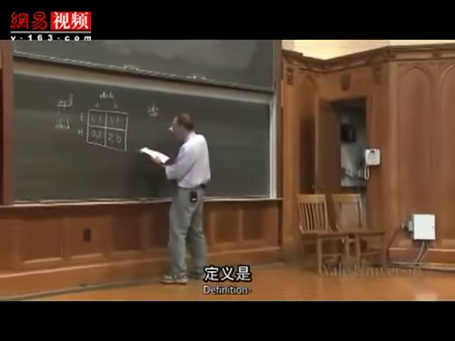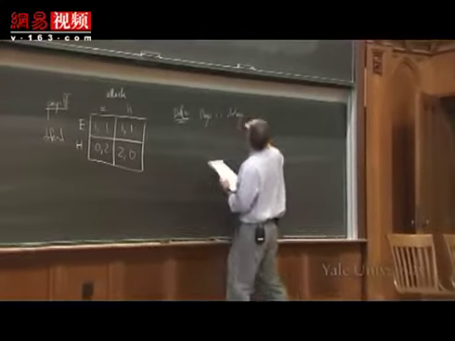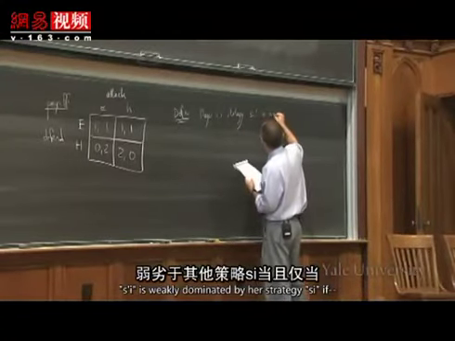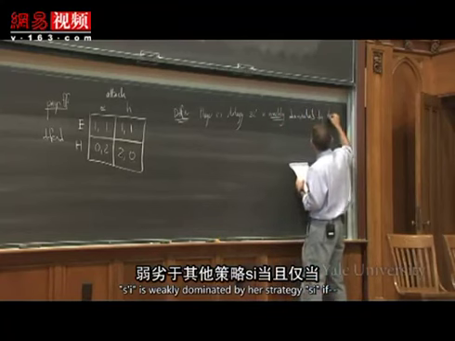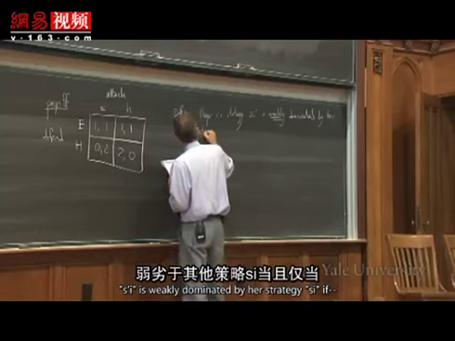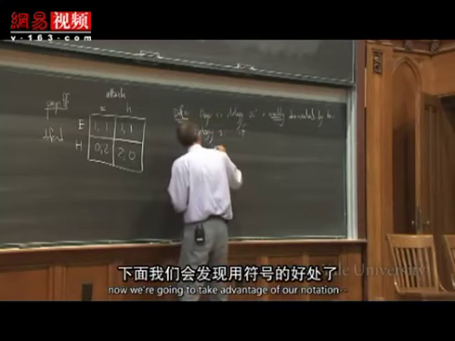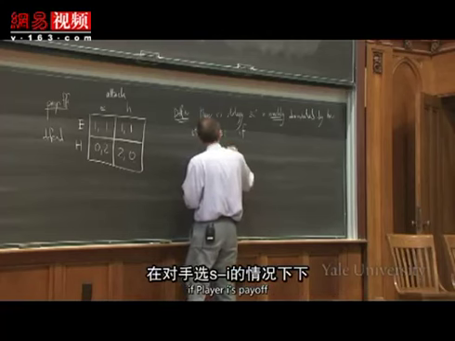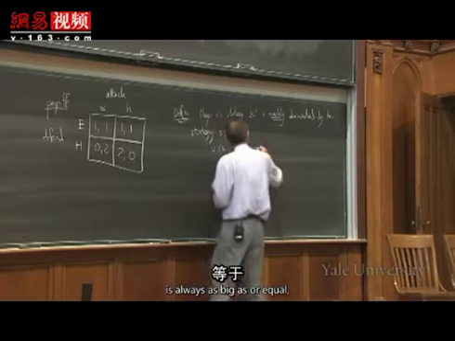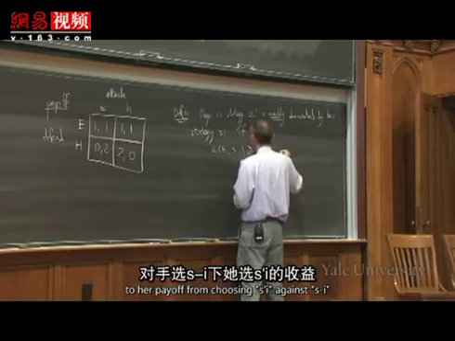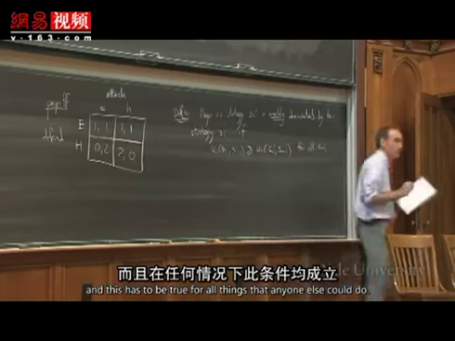And again, we can use our jargon. Definition: player I's strategy, SI prime, is weakly dominated by her strategy, SI, if, and now we're going to take advantage of our notation, if player I's payoff from choosing SI against S minus I is always as big as or equal to her payoff from choosing SI prime against S minus I, and this has to be true for all things that anyone else could do.